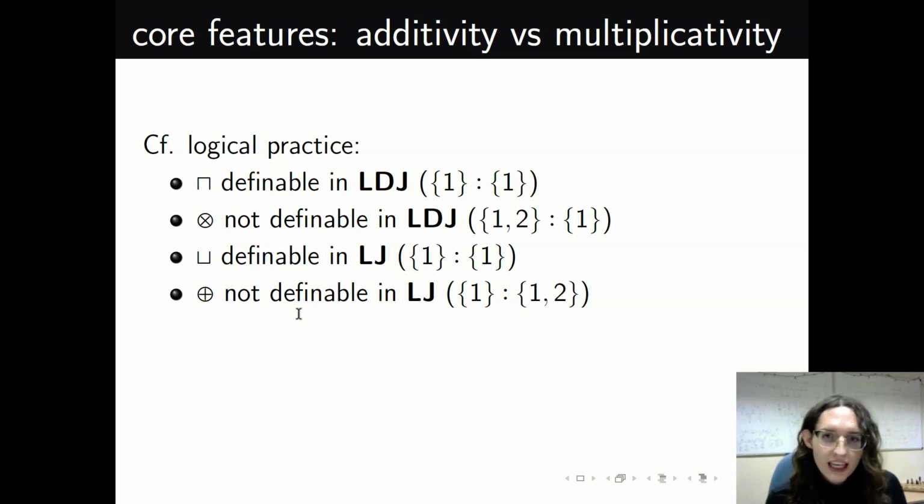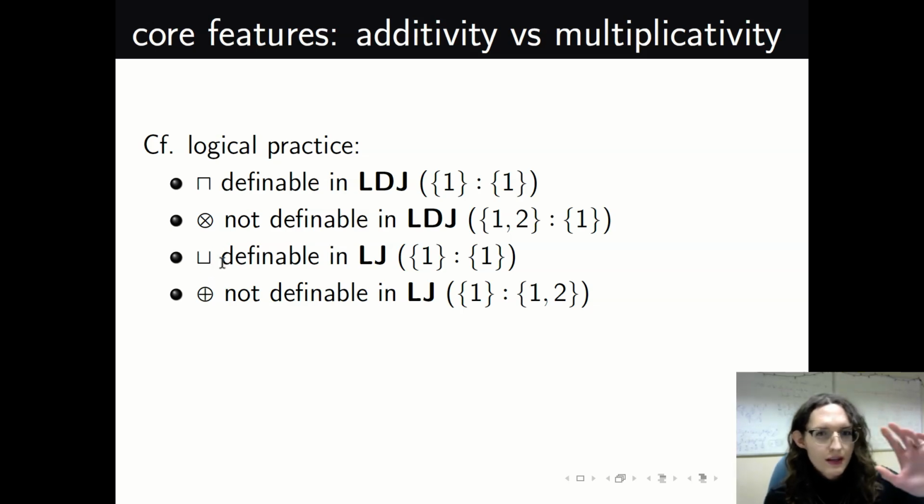This means that when we say and in LJ, we are conflating meet and fusion, but in LDJ we limit ourselves to only meet, the meet meaning of and. And the dual is true for join and fission. So when we say or in LDJ, we're conflating the two aspects of meaning, which are the meaning of join and fission, but in LJ we only mean join.